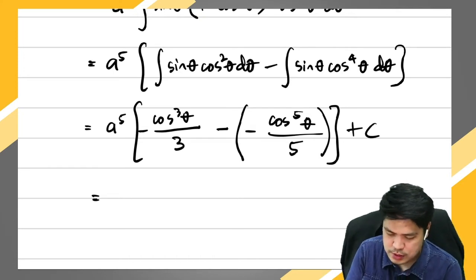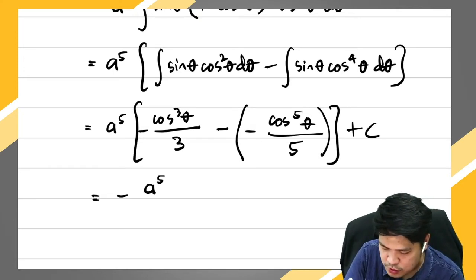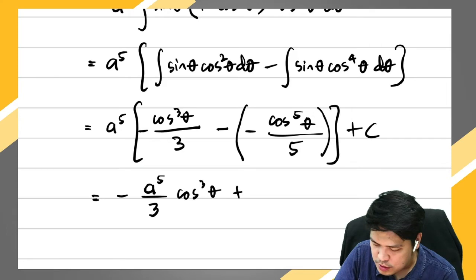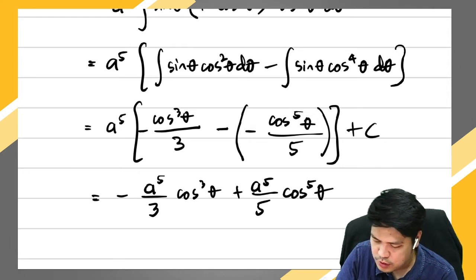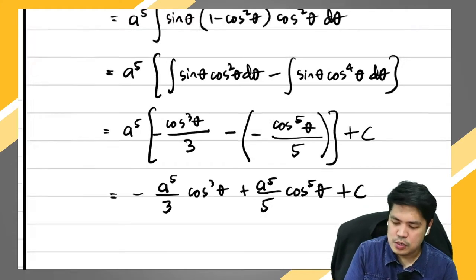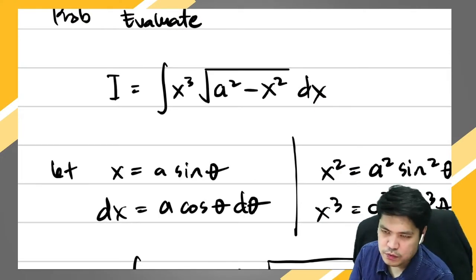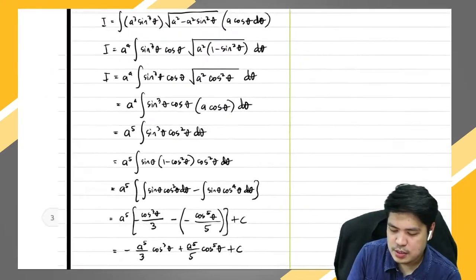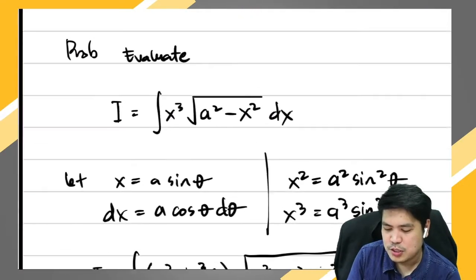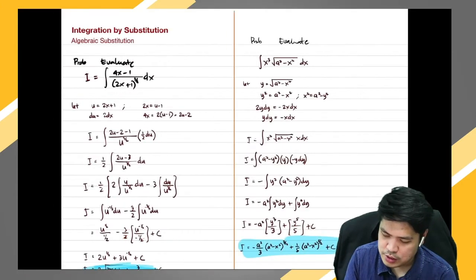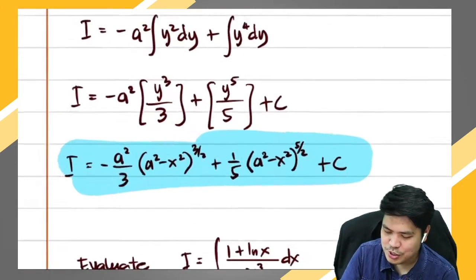So therefore, that's negative a raised to 5 over 3 cosine cube theta plus a raised to 5 over 5 cosine raised to 5 theta plus c. But wait, there's more. The original integral is in terms of x, so we need to substitute x. Actually, the algebraic substitution is easier here, as we solved in our previous example. So our answer should be this.